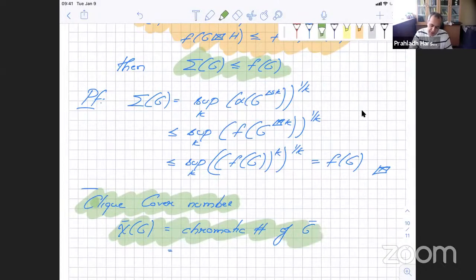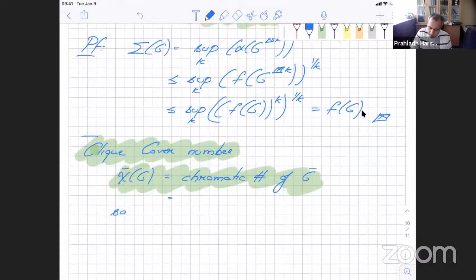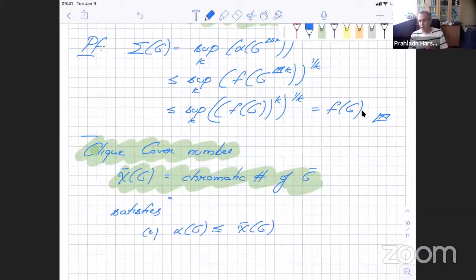This satisfies, one, certainly that alpha G was less than or equal to the clique cover number, because you cannot pick more than one vertex from a clique. We saw this already. Alpha G was upper bounded by the clique cover number.